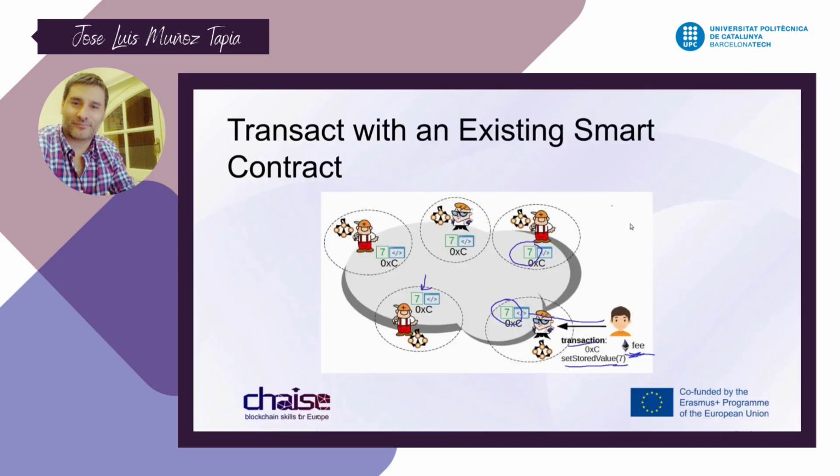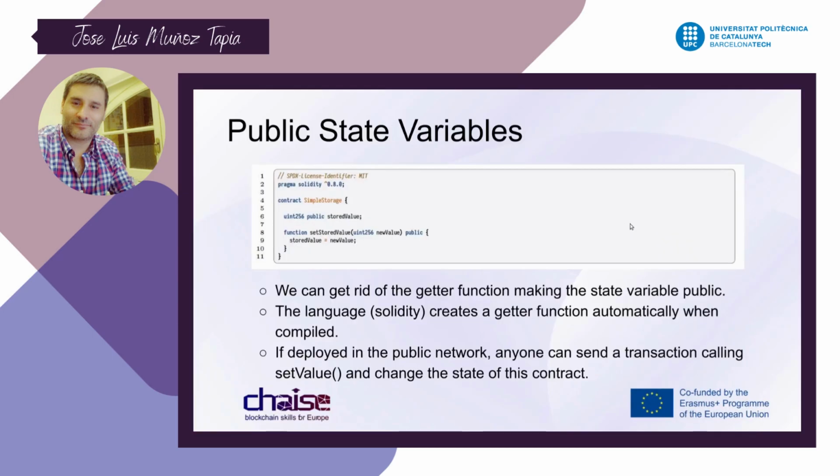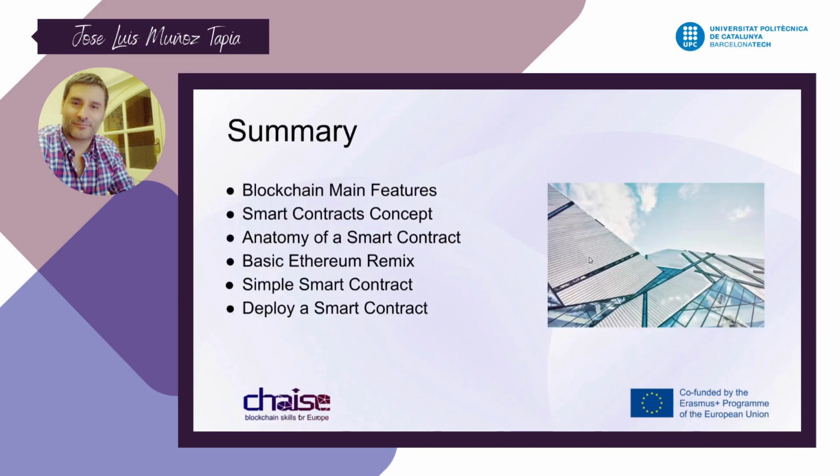After seeing this very simple smart contract and public state variables, we arrive at the end of this lecture, in which we have reviewed the main features of a blockchain, the concept of a smart contract, and the anatomy of a smart contract, which has two parts, storage and functions.